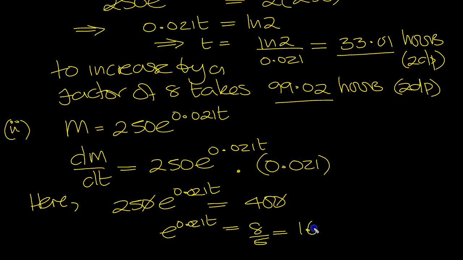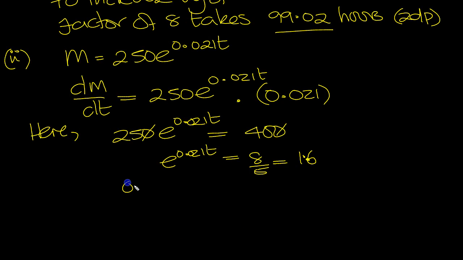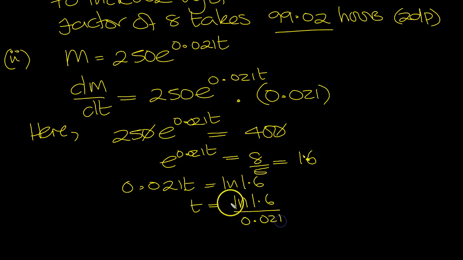So then we can take logs. 0.021t is equal to the natural log of 1.6, and then move the 0.021 from times to divide, t equals ln 1.6 over 0.021. So there's the time in hours.